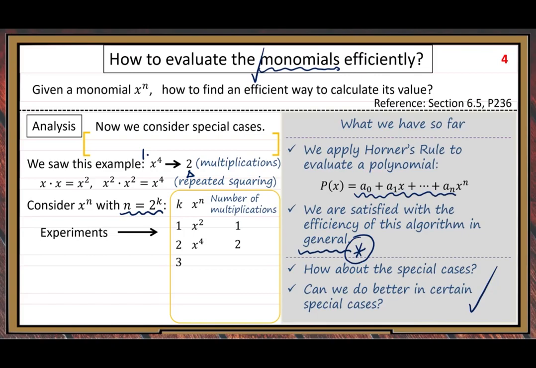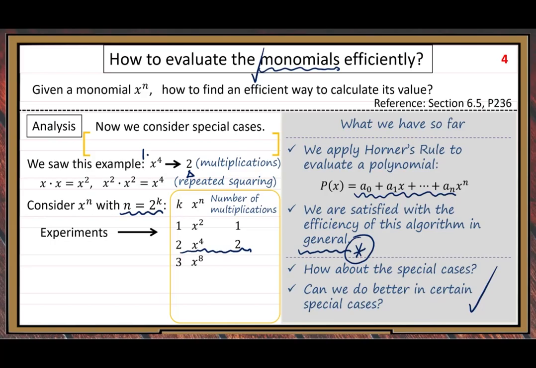So next one, k equals 3, we need to calculate x to the 8th. How many multiplications? But here, you need to use the result from the previous one. You already have x to the 4th with 2 multiplications.